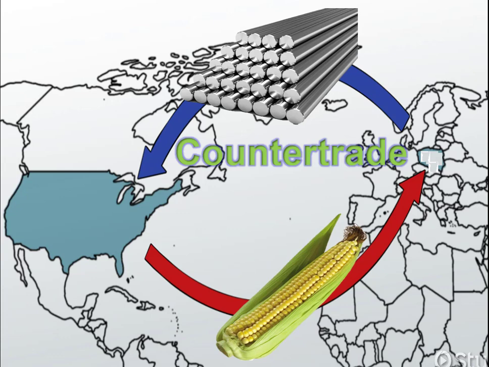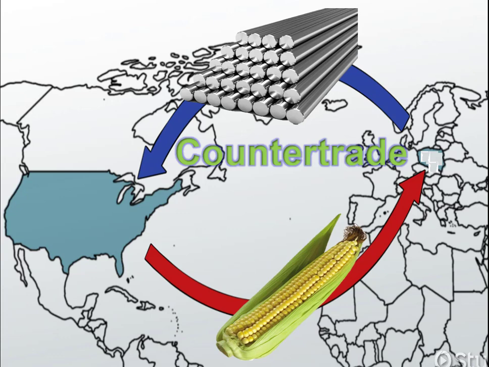Another example is Philip Morris providing a sale of cigarettes to Russia in exchange for chemicals that are used to make fertilizers. There are lots of counter trade barters that exist and are going to continue to develop.